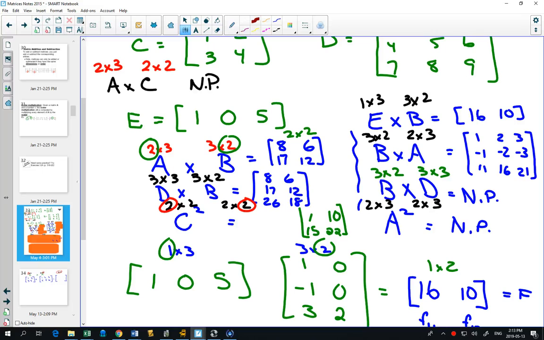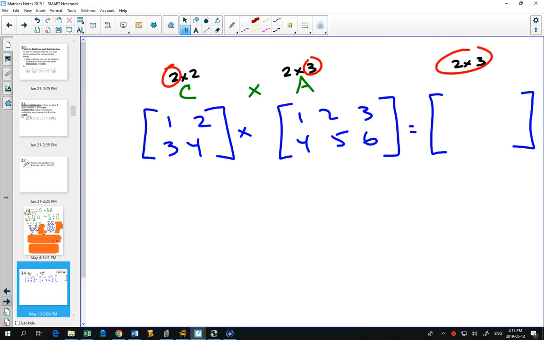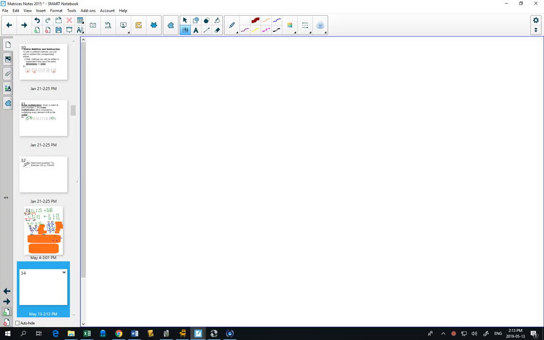Okay? I'm going to, without using numbers, give you some more examples. If I multiply a 2 by 4 by a 4 by 1, it works. It gives me an answer that is a 2 by 1.